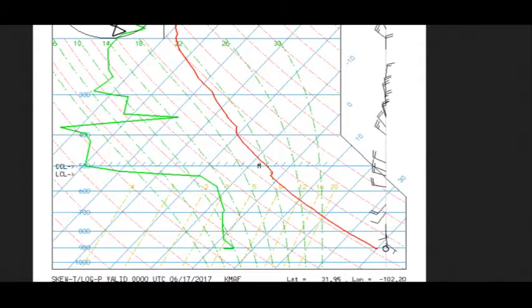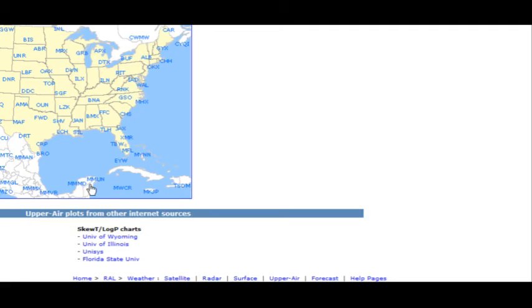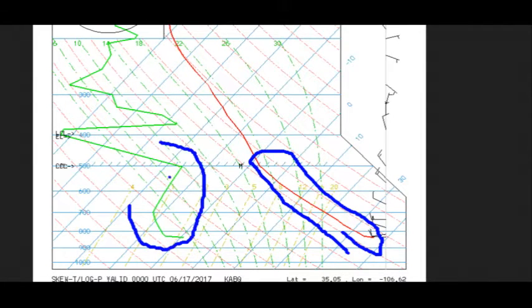Midland, this is the 0Z sounding, showing a very steep lapse rate, the very intense heating. We saw how high the potential temperatures were in New Mexico there. In fact, I think we can go to Albuquerque. We can see that incredible lapse rate there, pretty much dry adiabatic, and the very, very dry air.